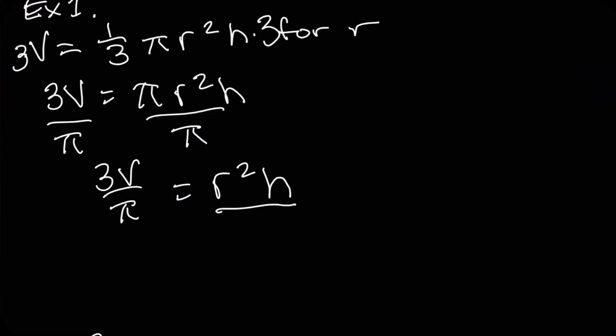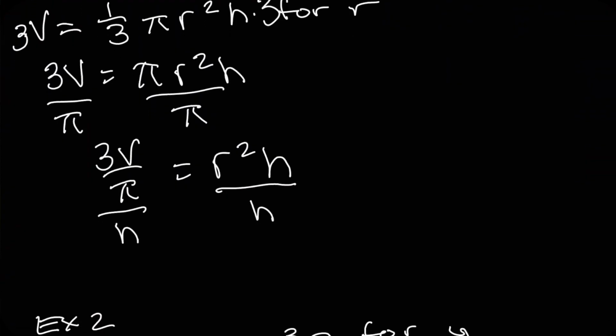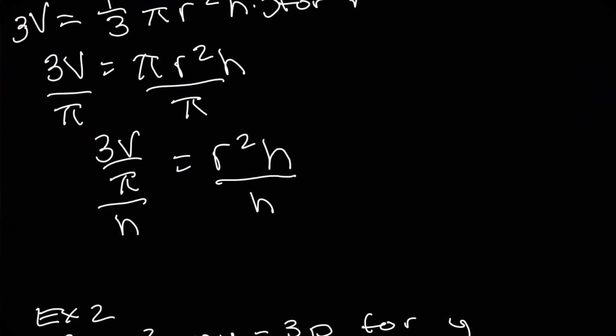We're getting a lot closer to solving for r here. Let's get rid of h by dividing by h. And this will give us 3v over h pi is equal to r squared, and to get rid of the square we can take the square root.